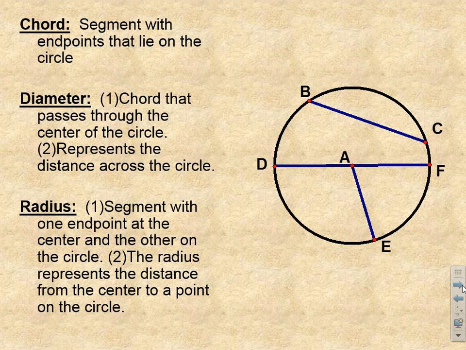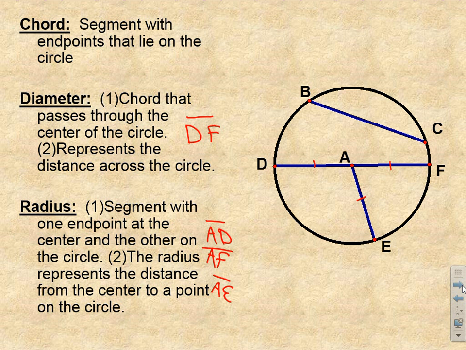So the diameter of this circle is DF. And then the radii, well, actually we have three radii. We have AD, AF, and AE. Those are all radii of our circle. Those would all be the same length. So we could actually even mark them congruent if we wanted.